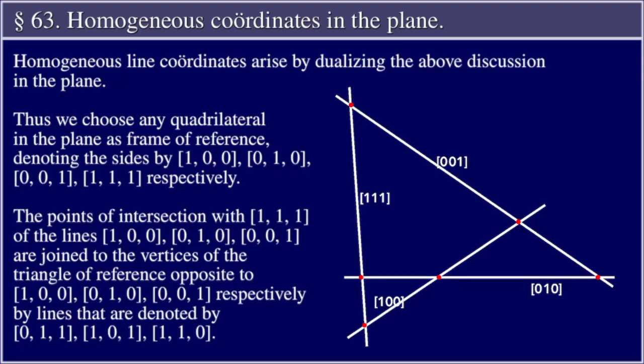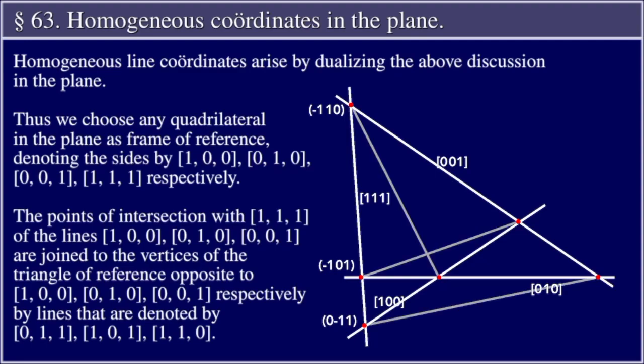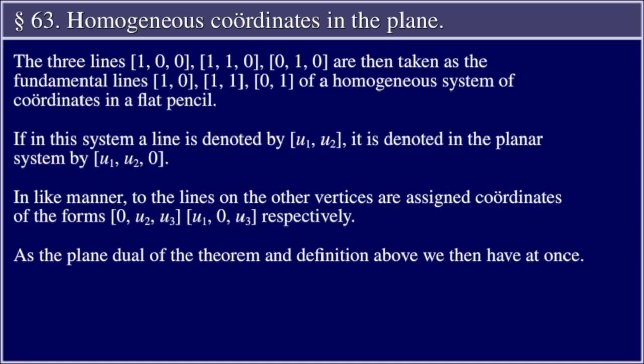The points of intersection with [1, 1, 1] of the lines [1, 0, 0], [0, 1, 0], [0, 0, 1] are joined to the vertices of the triangle of reference opposite to [1, 0, 0], [0, 1, 0], [0, 0, 1], respectively, by lines that are denoted by [0, 1, 1], [1, 0, 1], [1, 1, 0]. The three lines [1, 0, 0], [1, 1, 0], [0, 1, 0] are then taken as the fundamental lines [1, 0], [1, 1], [0, 1] of a homogeneous system of coordinates in a flat pencil.